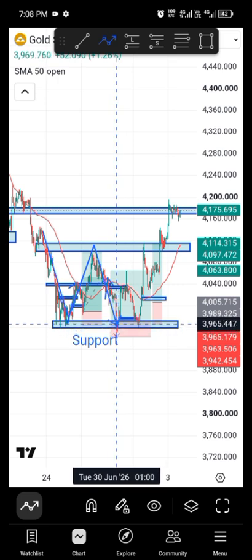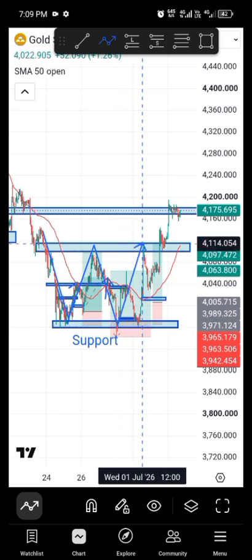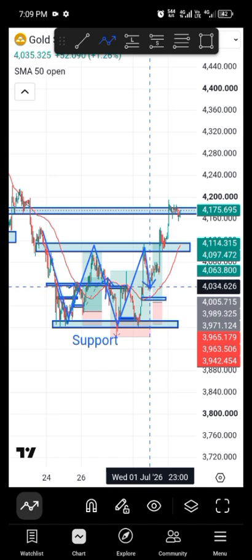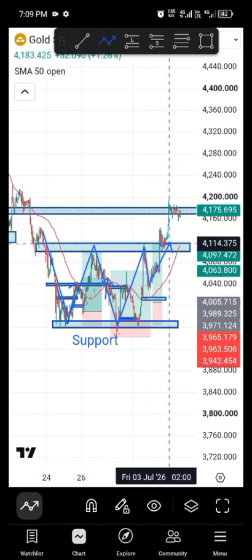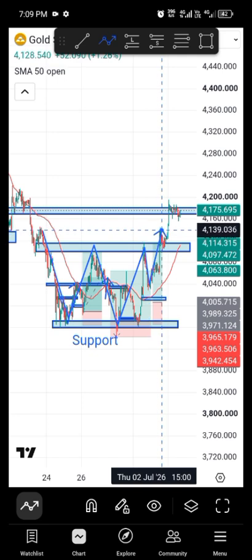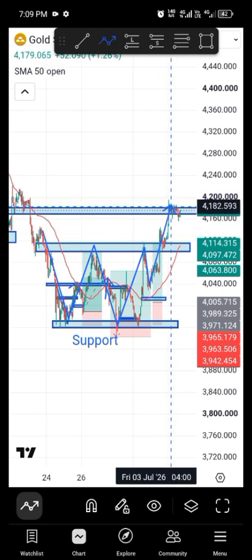So price still retested and went back to that same zone and did what? Boom, price came down before it finally broke out of this particular zone and went to the upside. Yes, so this is now called a change of character.